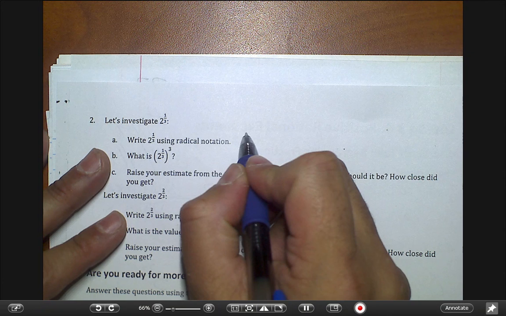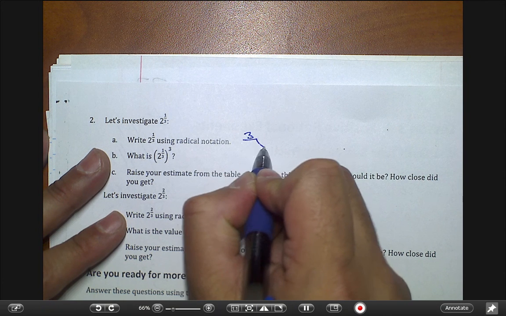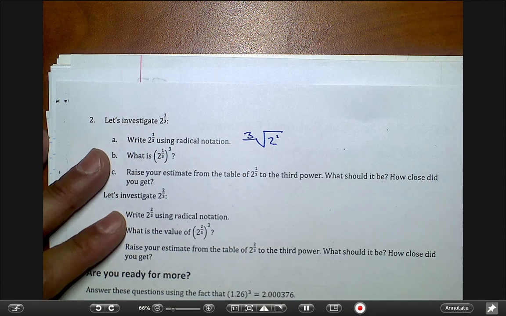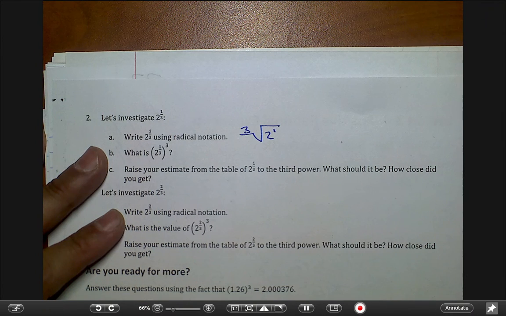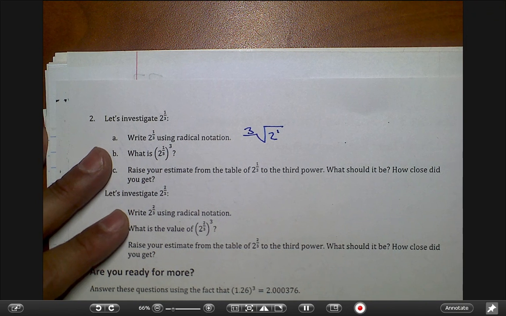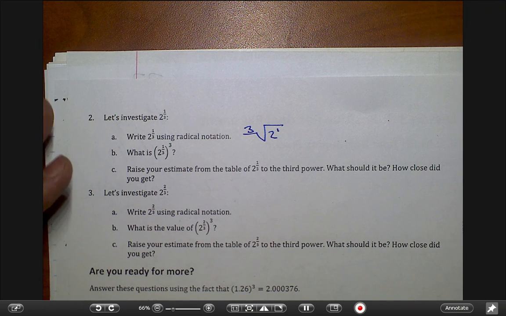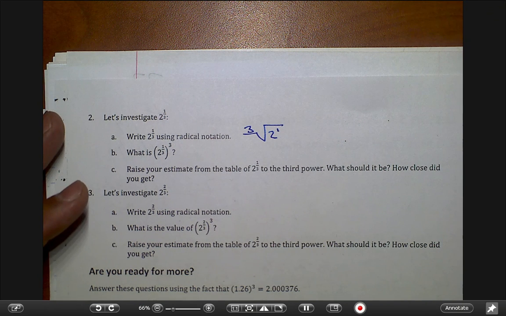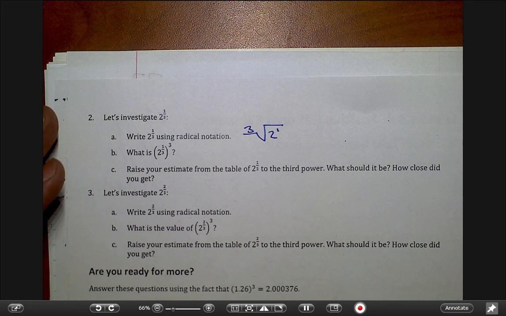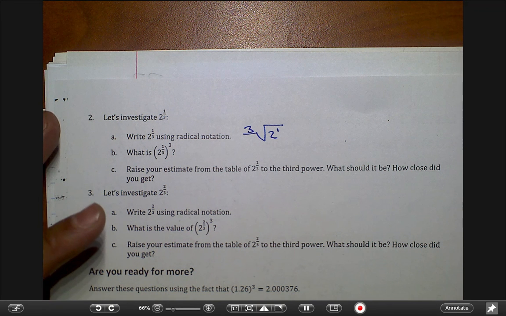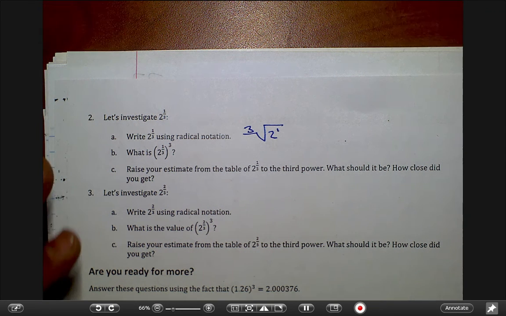So it's going to be cube root of 2 to the first power. Is that super easy now? I'm hoping. Okay. Hoping no one's trying to fall asleep right now, even though they're sitting straight up. Okay. Pencils in hand. Help you not fall asleep.